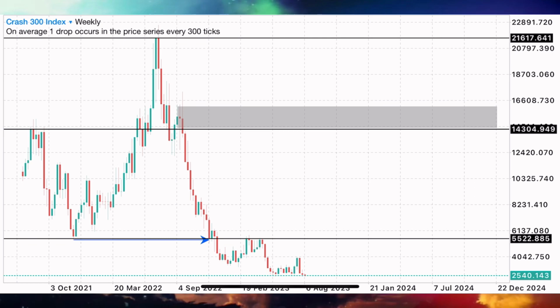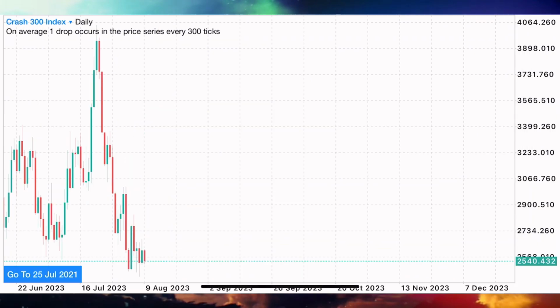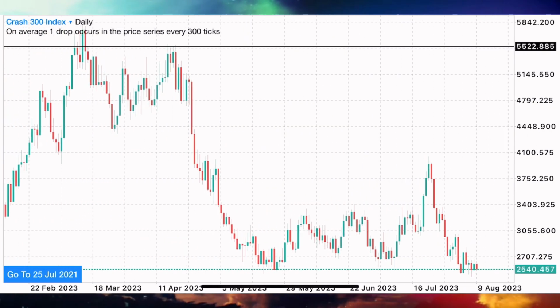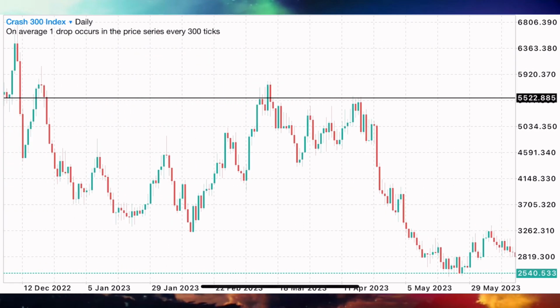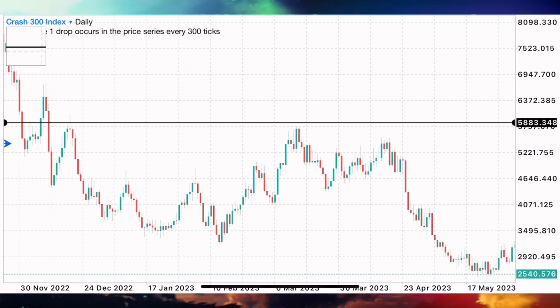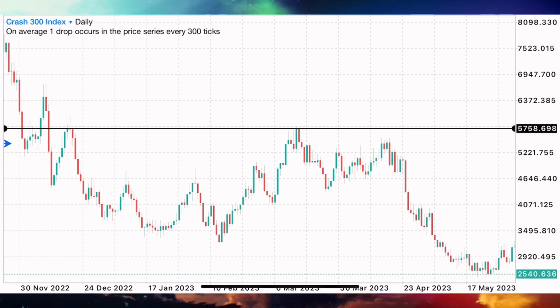Currently, Crash 300, this is the lowest price that it has reached so far. Where it is right now is 25.40. That's the first point. So let's go down to the daily. On the daily, I just refined this.